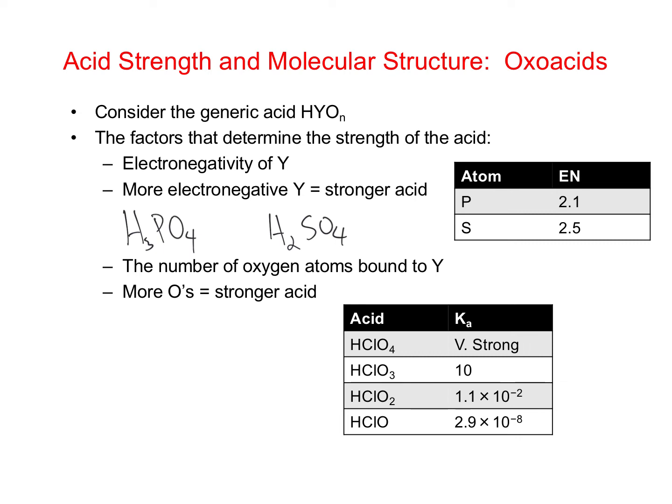And we know that an increasing Ka corresponds to a stronger acid. This also matches with information that we already know. We know that perchloric acid and chloric acid are categorized as strong acids. They have more oxygens, whereas the two compounds that have fewer oxygens, chlorous acid and hypochlorous acid, are weak acids.